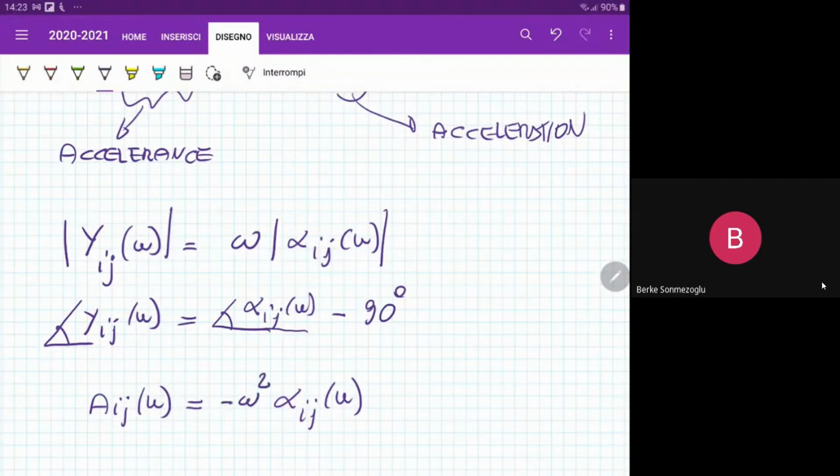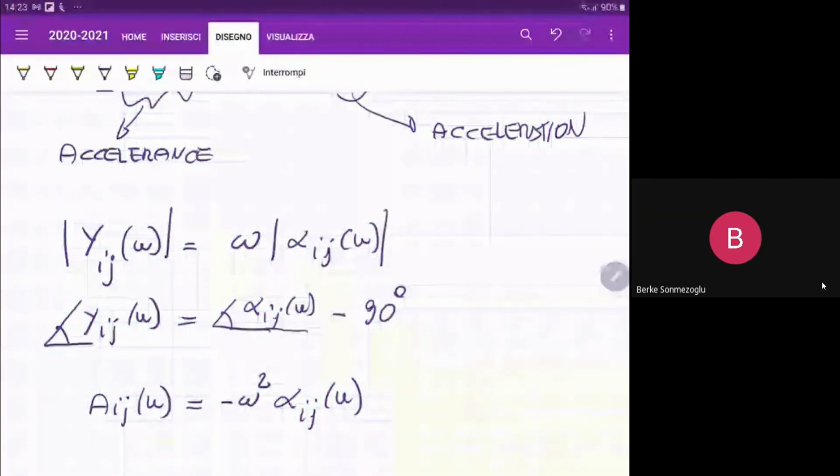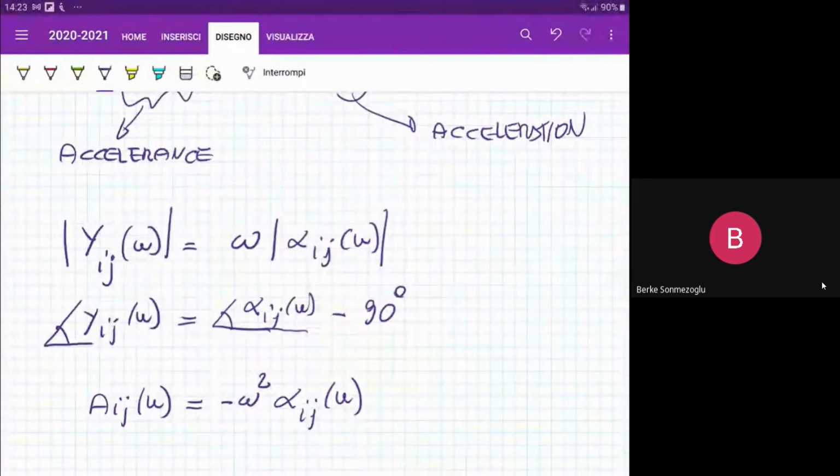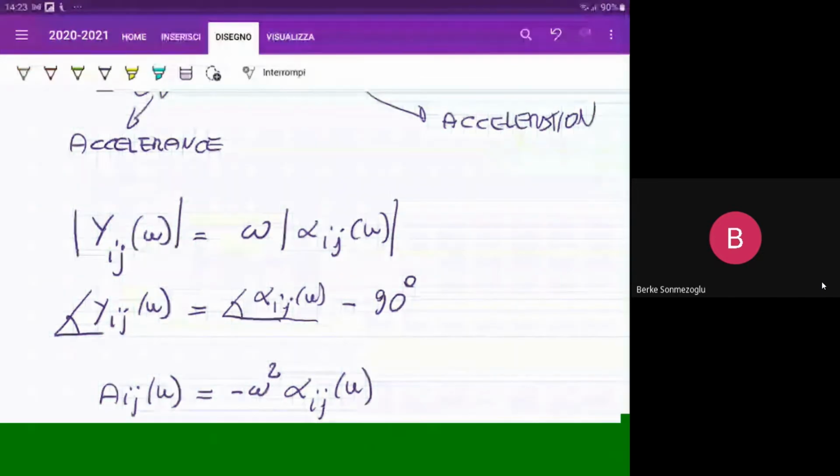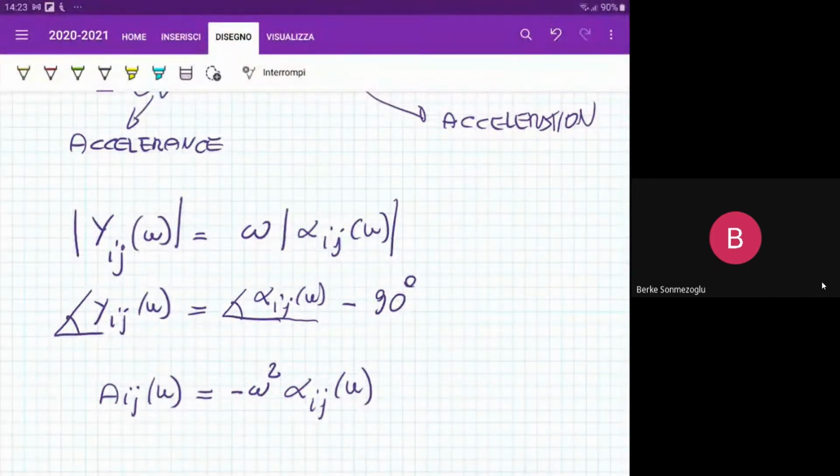And that comes from the double time derivation in the frequency domain. Okay, so these are relations that are easy to forget, but I think they are very useful to remember when dealing with real life operations in the frequency domain.